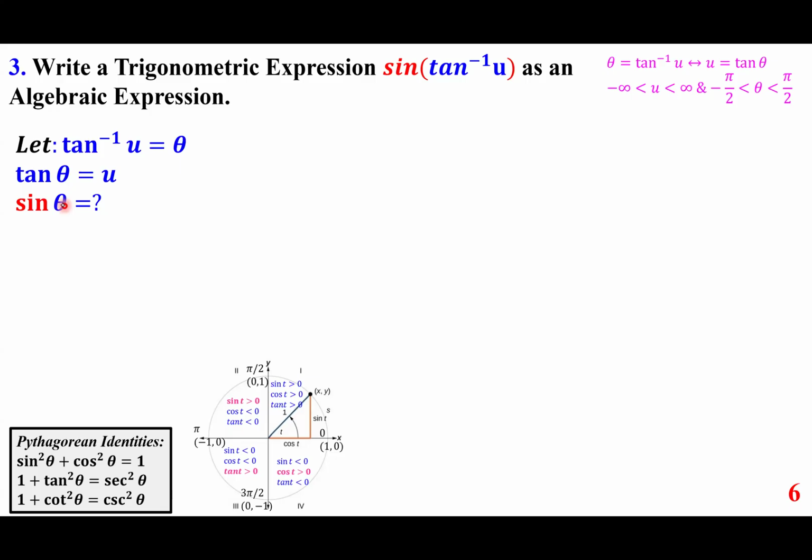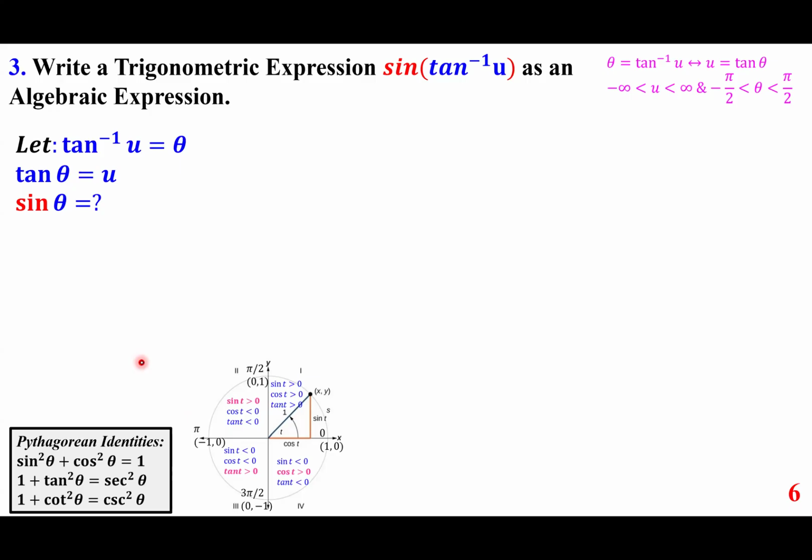Remember, we have the tangent, and we want to get to sine. And we know cosecant is 1 over sine. So we're going to use 1 plus cotangent squared equals cosecant squared, because cosecant will give you the sine, and tangent will give you the cotangent.